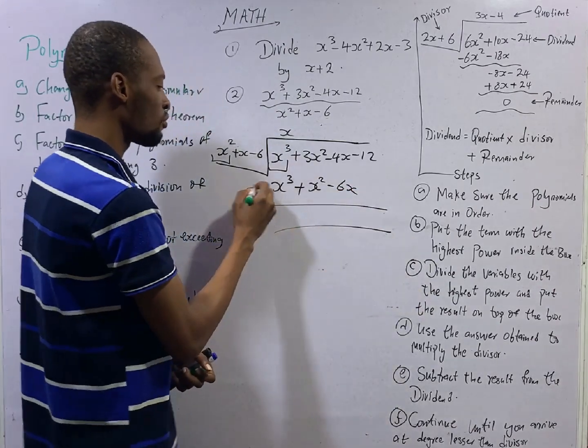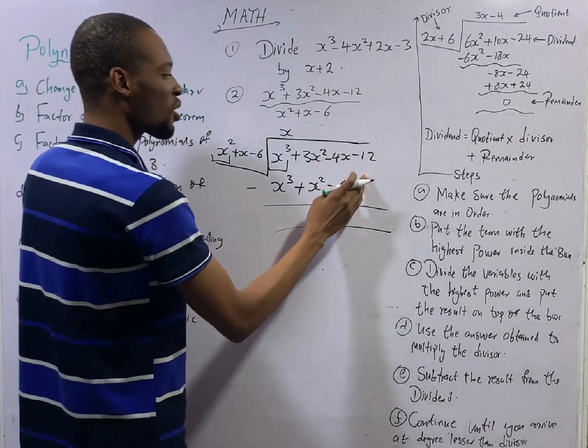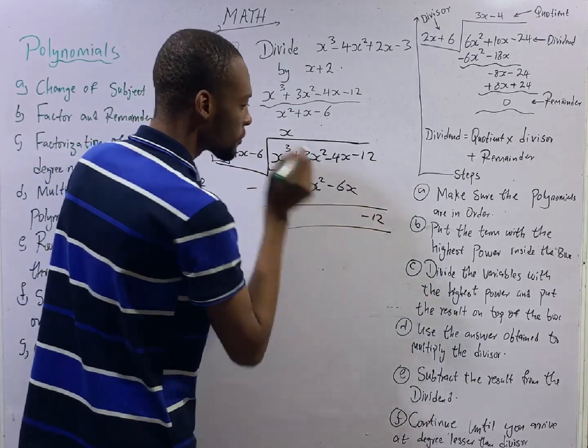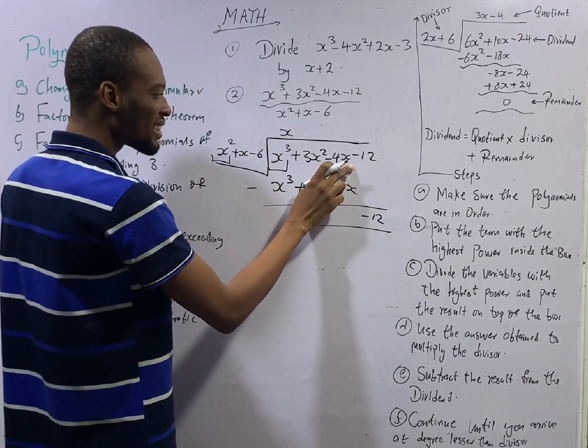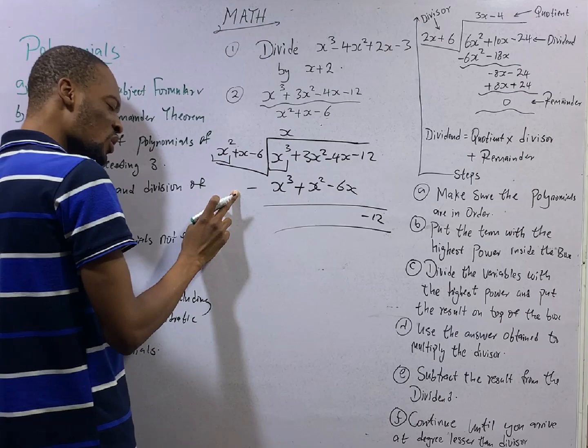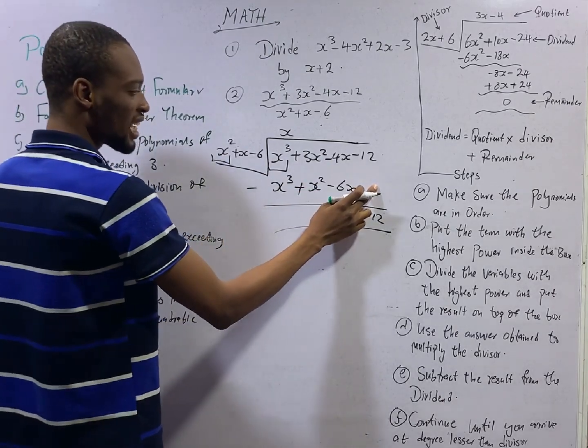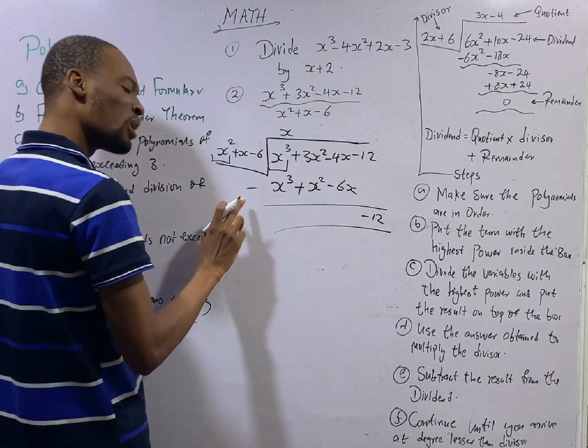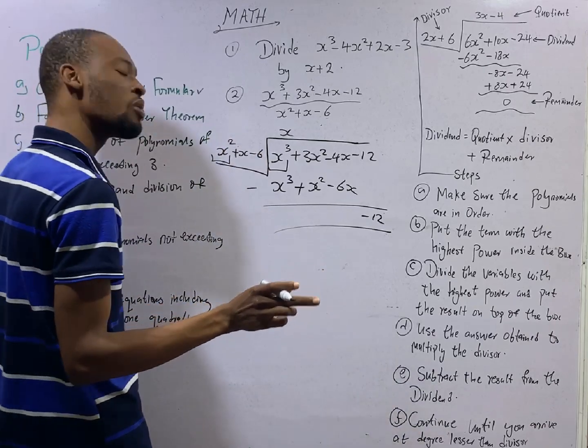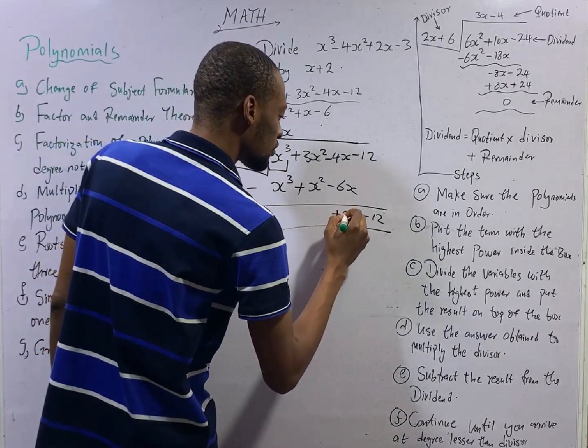We subtract. No constant here, so minus 12 remains. Minus 4s minus 6s, that is minus 4s plus 6s, which will give you plus 2s.